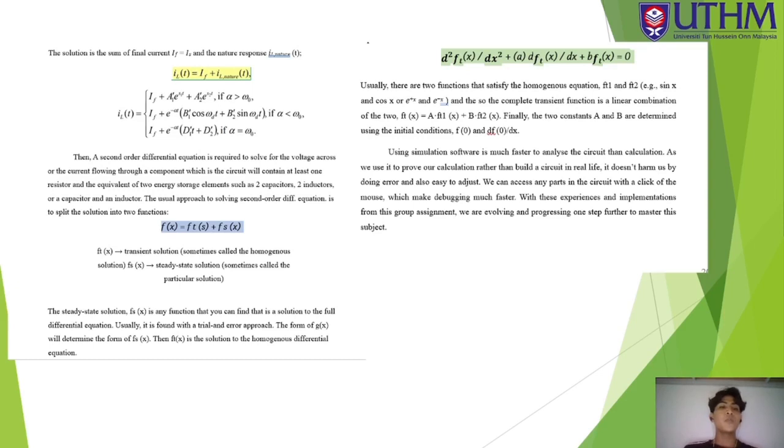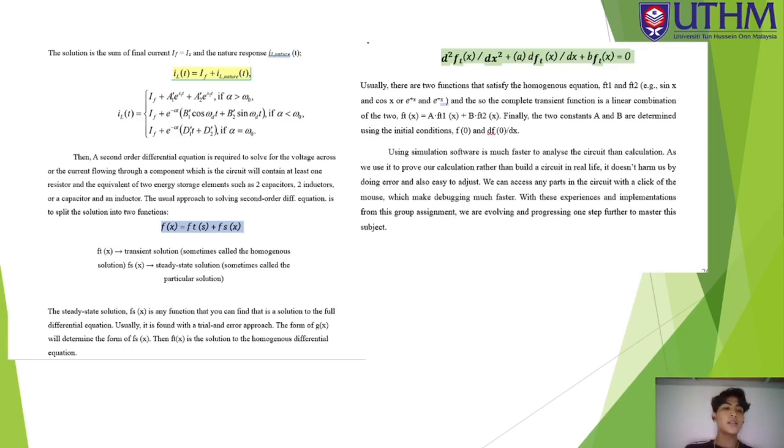The usual approach to solving a second order differential equation is to split the solution into two functions: f(t) equal to ft(t) plus fs(t). ft(t) is the transient solution, sometimes called the homogeneous solution. fs(t) is the steady state solution, sometimes called the particular solution.